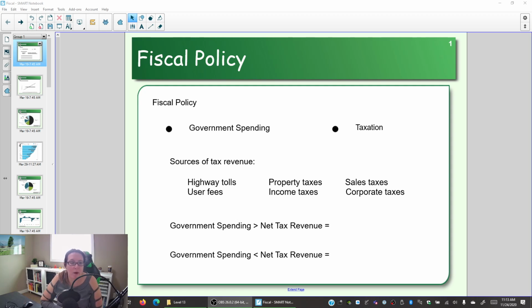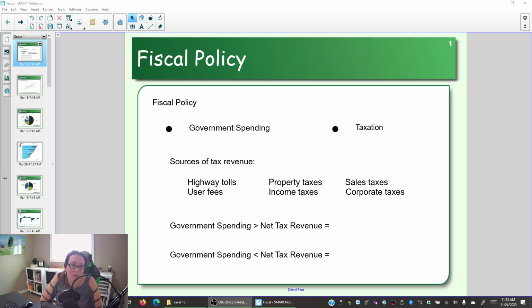So we know from our previous discussions that fiscal policy has two parts: government spending and taxes. And we looked before at some sources of tax revenue. We had highway tolls, user fees, property taxes, income taxes, sales taxes, and corporate taxes.